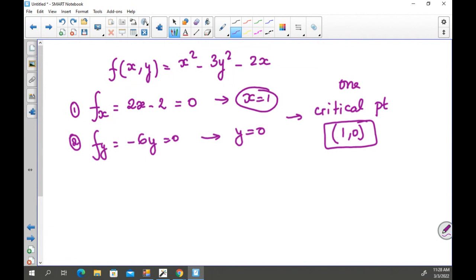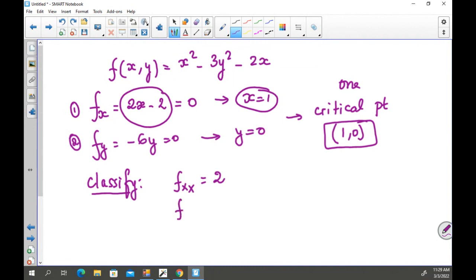So already we can say that D is not the correct answer, yes? No critical points, no. There is a critical point. So D, definitely not the right answer. Now, I want to classify this critical point. To do that, I need the second derivatives. fxx, you need to go here, it's 2. fyy, you need to go here, minus 6.